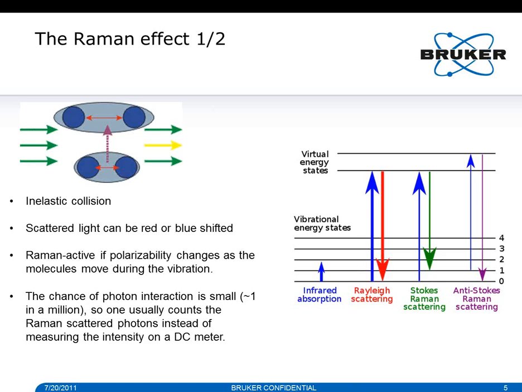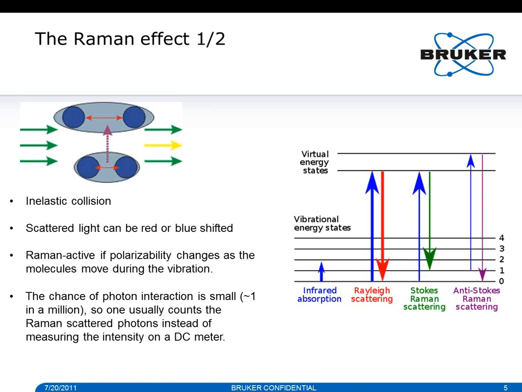We have light here indicated in the top diagram, with the green arrows coming in from the left. It collides with the molecule. If the molecule changes polarizability, that means it is Raman active, and some of the light that is backscattered will be shifted in color. Light can be either blue shifted or red shifted, leading to Stokes or anti-Stokes Raman scattering.